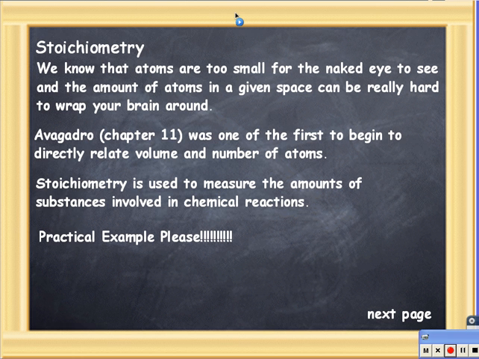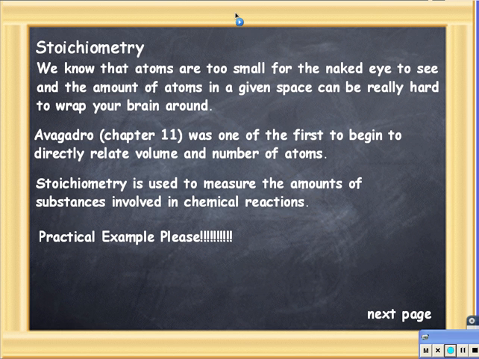He was able to relate volume to the number of atoms. If you don't remember, at a constant temperature and constant pressure, a volume of a gas, whether it be helium or neon, had the same number of atoms. Stoichiometry is used to measure the amounts of substances involved in a chemical reaction.